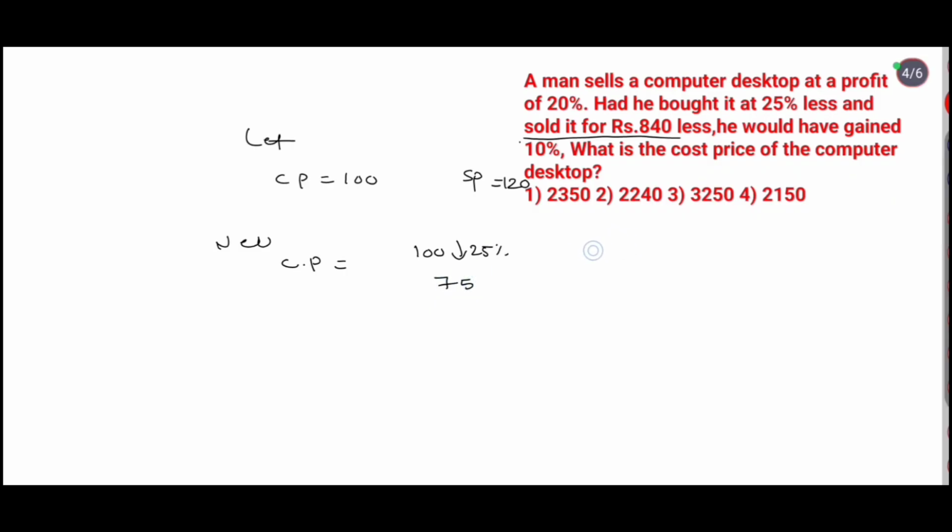New selling price with 10% profit: 75 into 100 plus 10 by 100.